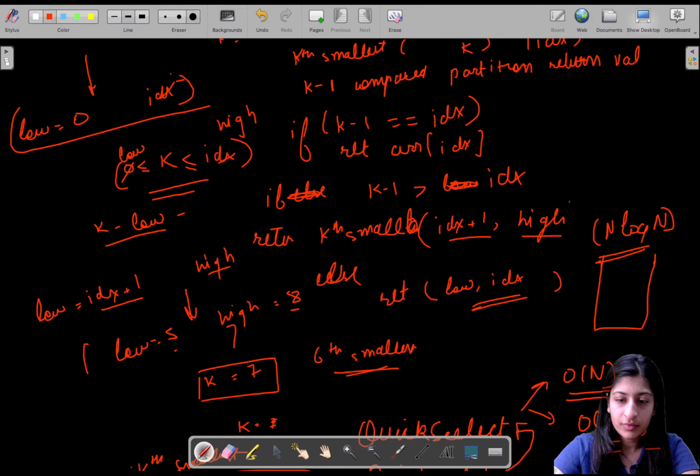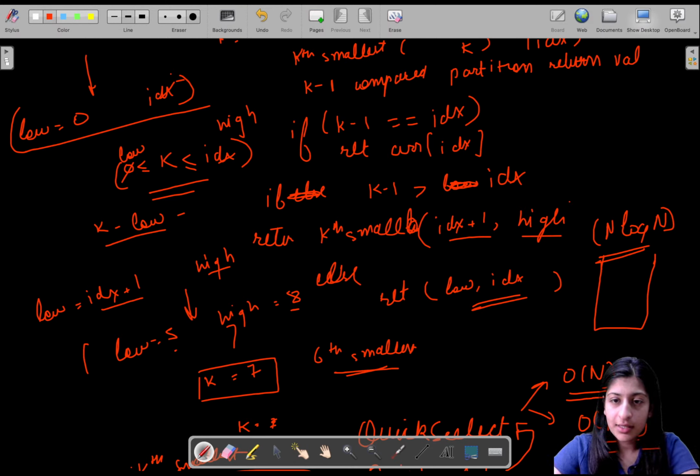ARR of j. Now what will you swap? You will swap your j with what? I'll tell you. Temp. Okay, so if ARR of j comes out to be smaller than your pivot element, you swap ARR of i with j, right?